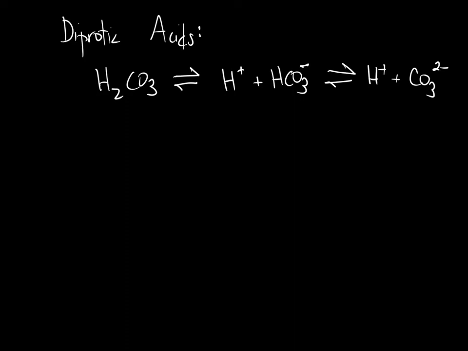So it's diprotic. You can also have dibasic bases. They're called diprotic because protic means two protons. One example of a dibasic compound would be calcium hydroxide, Ca(OH)2, but there's one big difference: it only does it all at once.